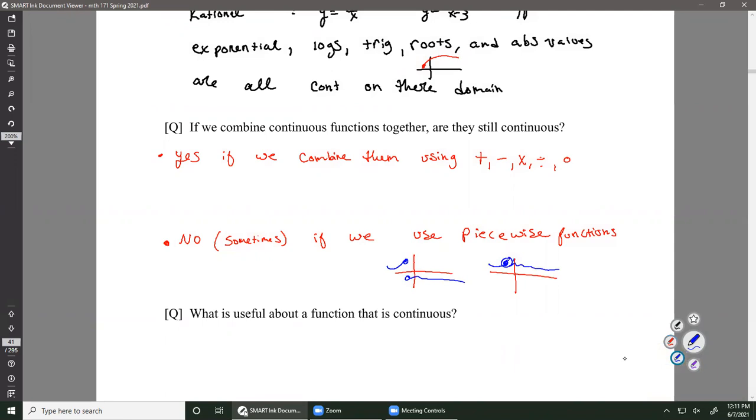So you just have to watch out for that. That's why I put it in parentheses, as sometimes it's not true. More likely than not, if you see a piecewise function and you're looking at one of those points, it's not continuous on its domain. Does that make sense? It's a weird distinction that I'm trying to get across.